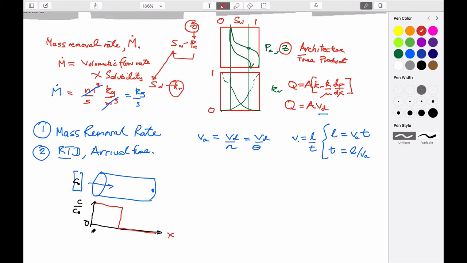This is X. This is the first of these curves, where the distance traveled is just equal to the advective velocity times time.